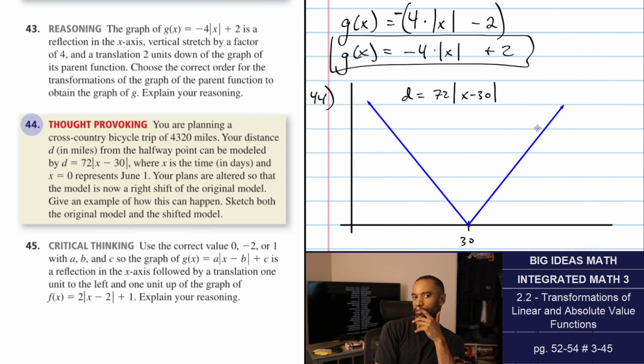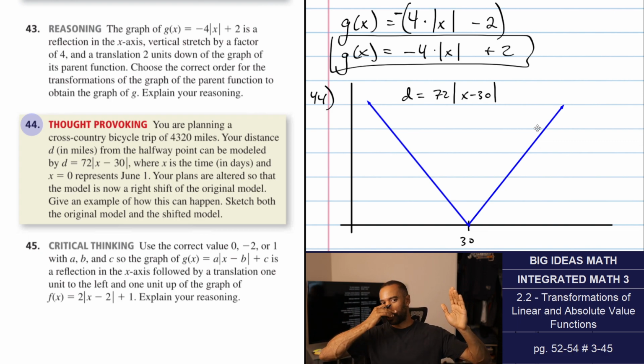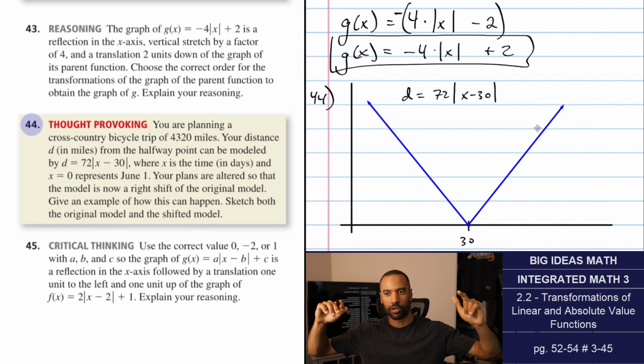X is, so distance in miles from the halfway point. So, I see. So, you travel 4,320 miles.